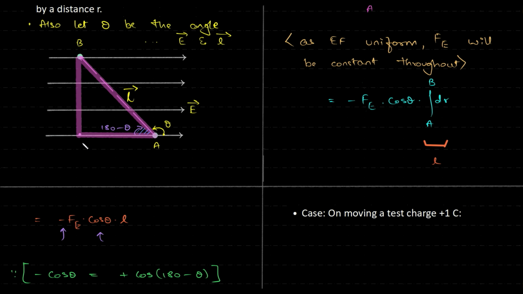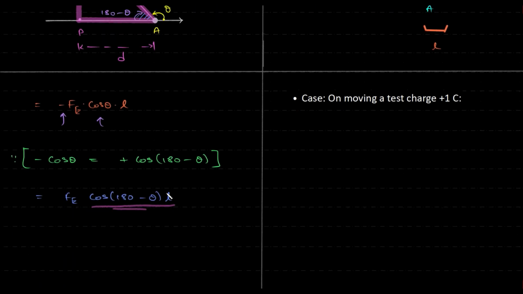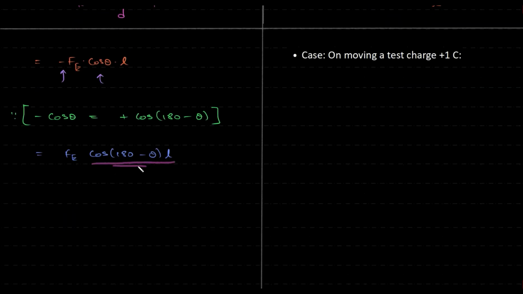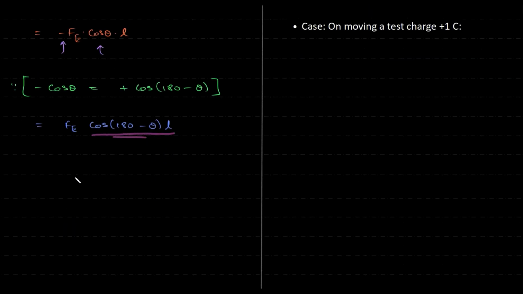I'm going to call this point P and this length D. Any idea? Yes. Cos 180 minus theta into L is D.